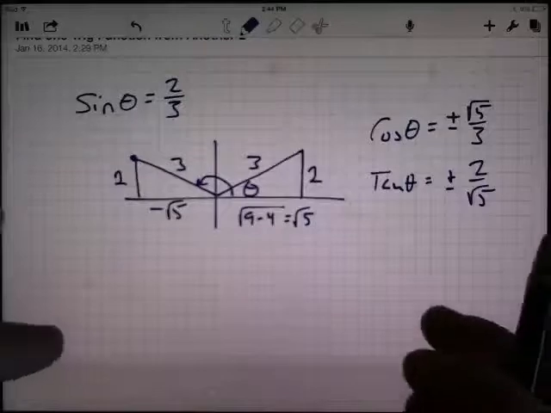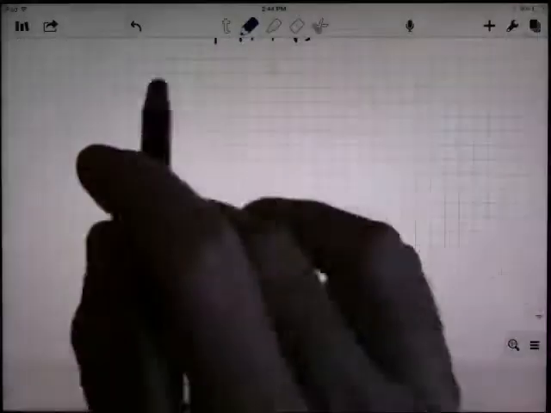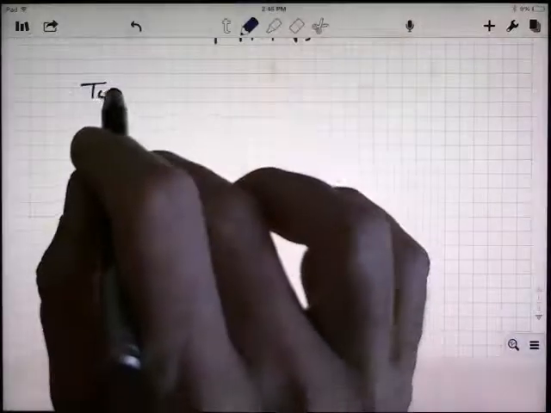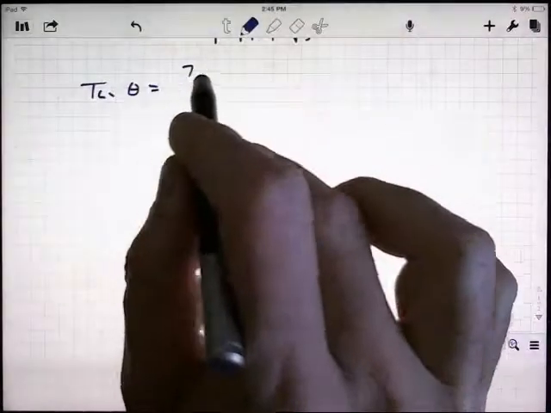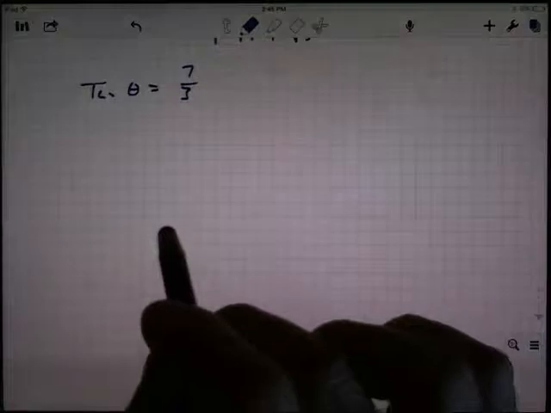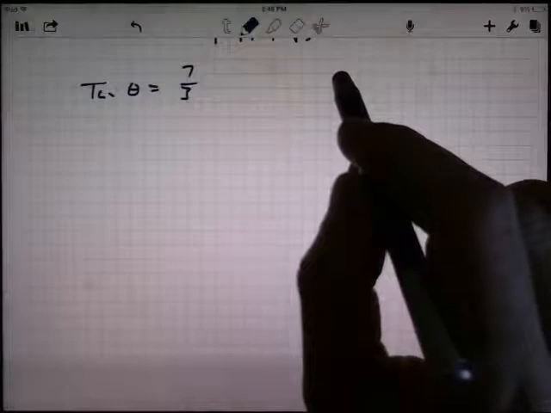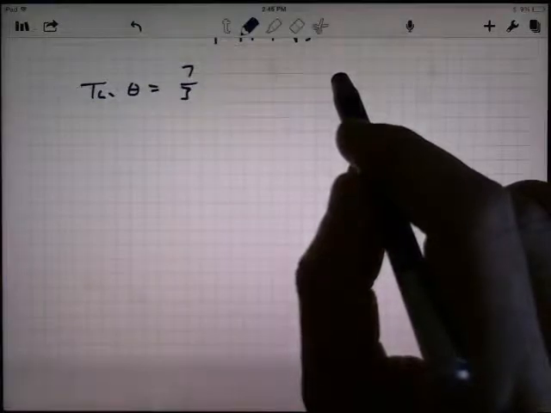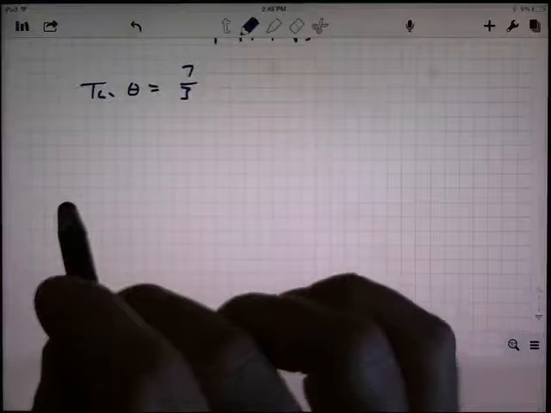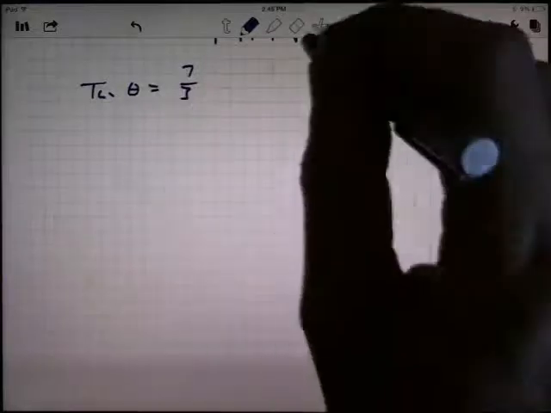Let's do another example. Let's say that the tangent of some angle is 7 over 3. I want the cosine. I'm sorry, the cosine is 7 over 3?